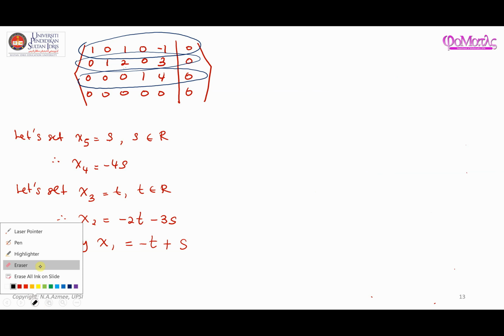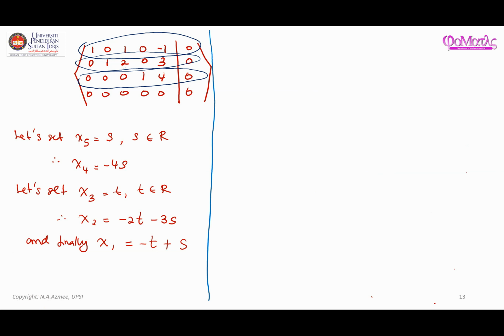Based on the solutions given here, we can then go on and consider writing the solutions using this notation.